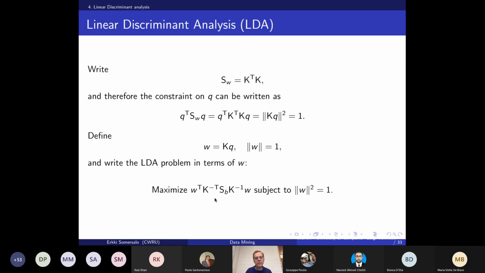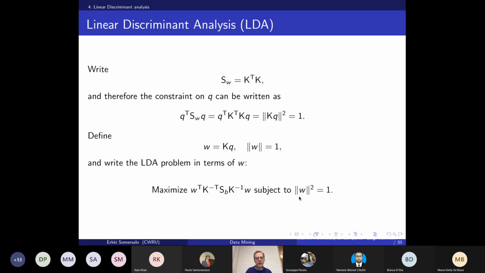So this is the quantity that we want to maximize. And we have a quadratic constraint that my W has norm equal to 1. So you can think geometrically that W is a vector whose tail is in the origin and the tip is on the surface of the unit ball. So W is just giving a direction in the space.